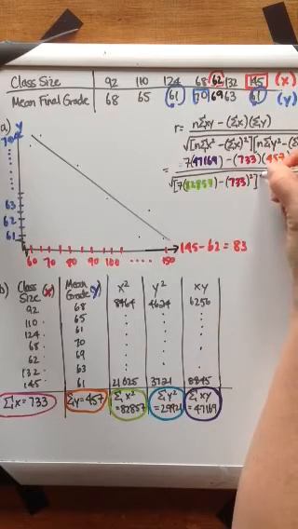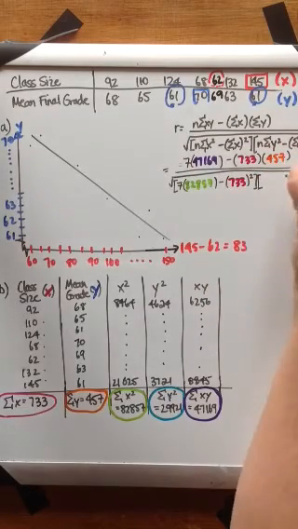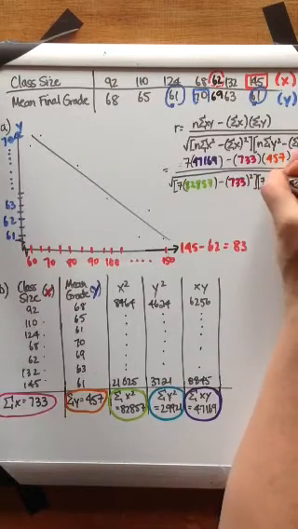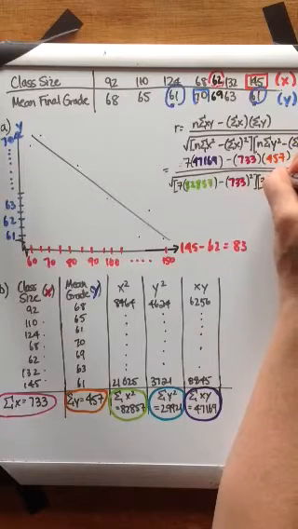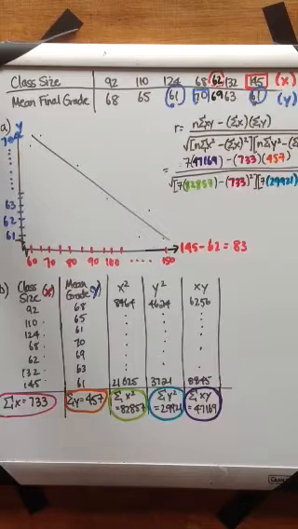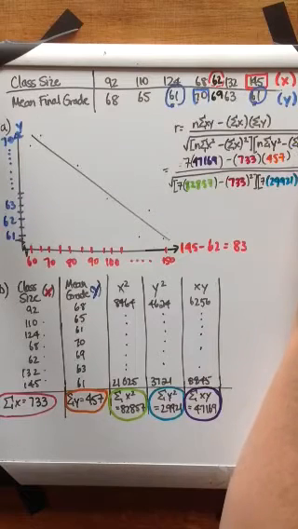That all gets multiplied by what's over here. Number of data points is 7. The sum of our y squared values is the teal color, which is 29,921. From that, we're going to subtract the sum of the y values and then quantity squared.